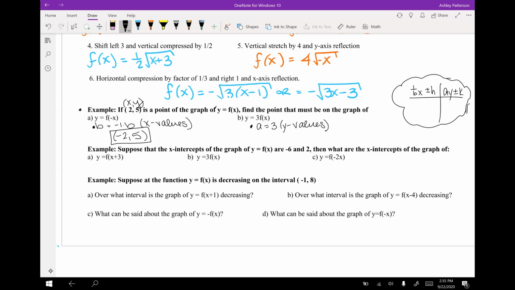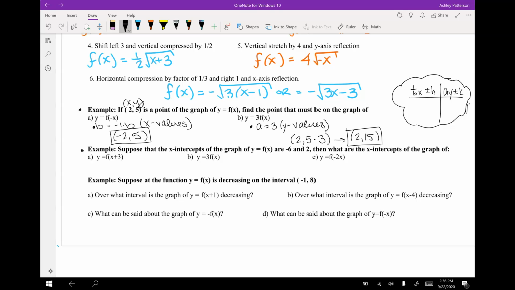So the point (2, 5) that was originally on our function, well, the 2 stays the same, but the 5 gets multiplied by the 3. So the new point would be (2, 15), and that's all it's asking you. If these transformations are applied to the given function, regardless of what it is, and this point, (2, 5), is on the given function, where is the new point going to lie? That's it. Easy peasy. All right, well, what about the next example?